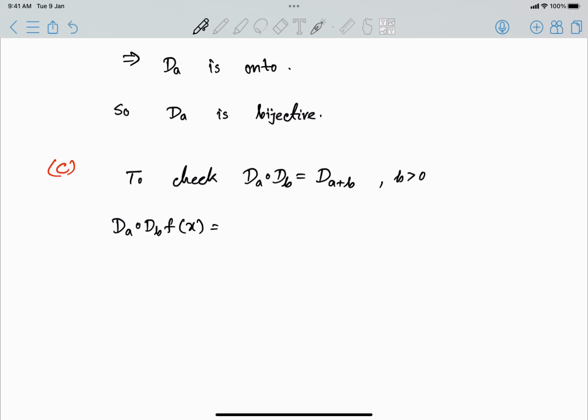If you calculate, view dB f as a function, say g. So dA of g of x is by definition 1 by square root a, that function dB f at the point x by a, right? So this is by the definition of dA.